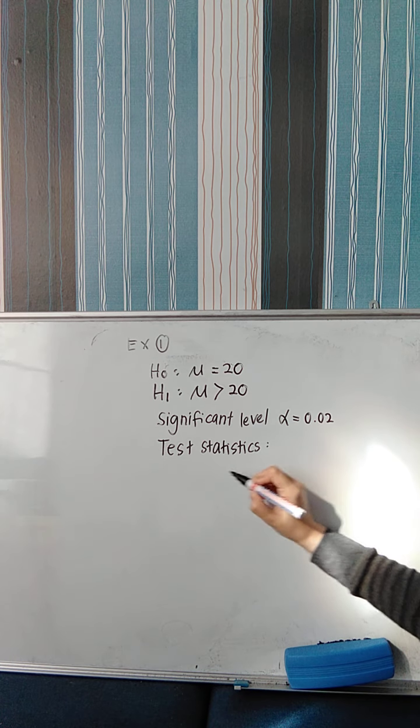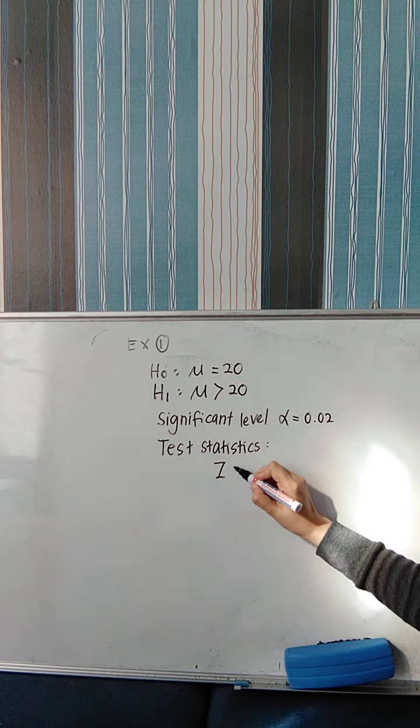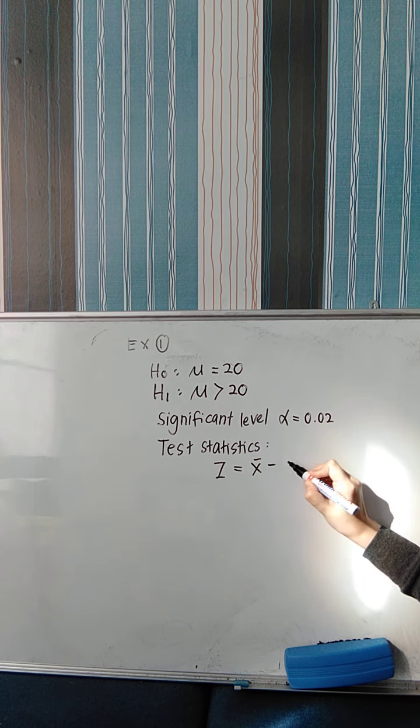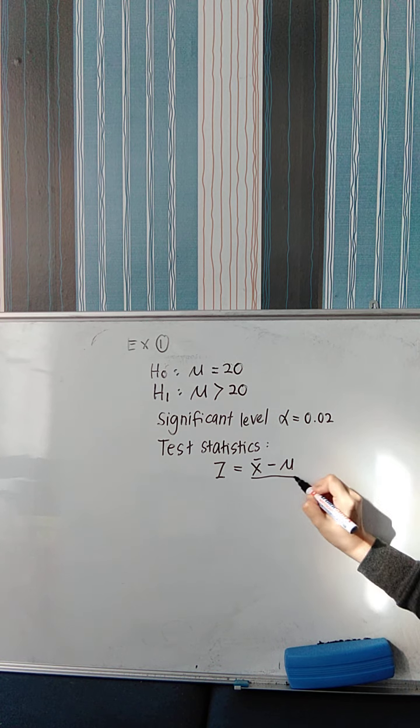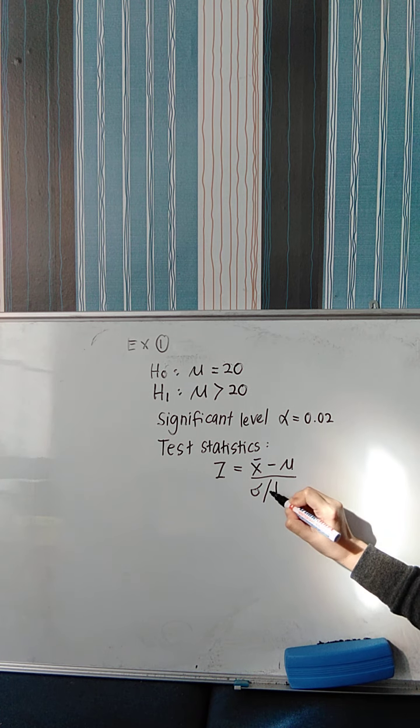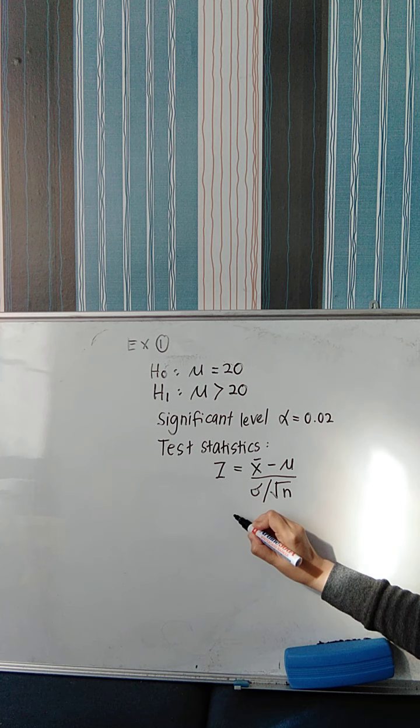In this case you must use Z equals X bar minus mu over sigma, the standard deviation, over square root n.